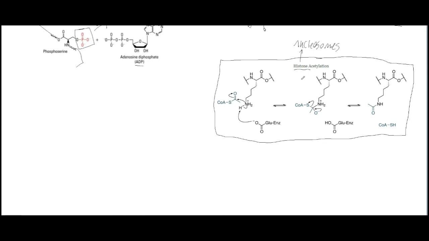This acetylation and also methylation are things that happen usually to lysine. This is a lysine amino acid. These squiggly lines mean that it's part of a protein.